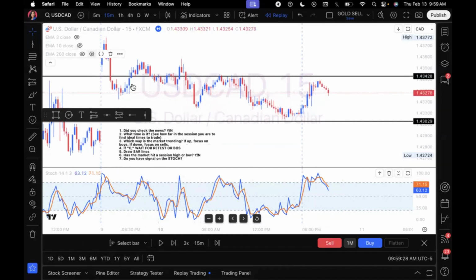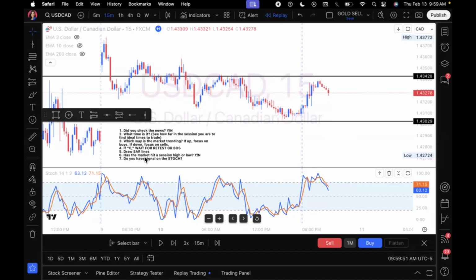That would mean that if the market were to fall and cross below this line, I will have a pending order here and I will be banking on the market to continue to sell and to hit even lower lows. And then I have draw SAR, which is to draw my support and resistance lines.